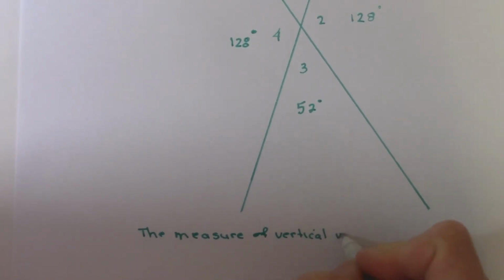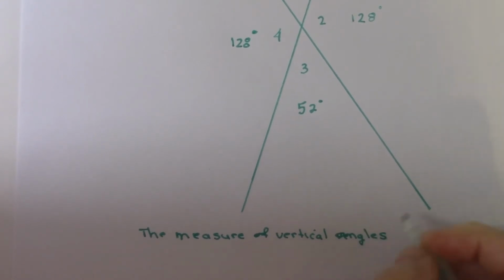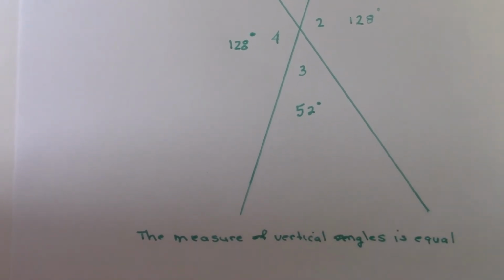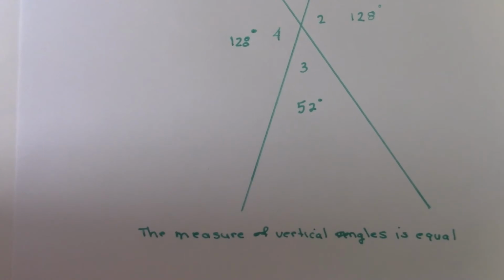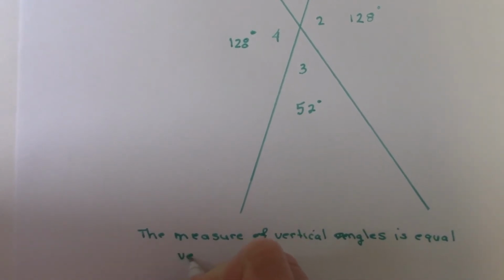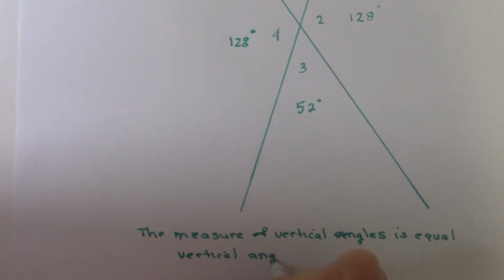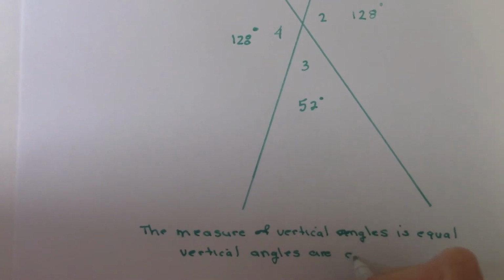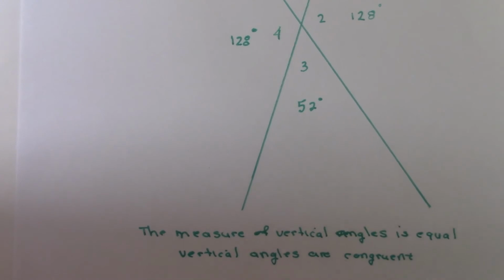The measure of vertical angles is equal, or vertical angles are congruent. So let's consider why that is.